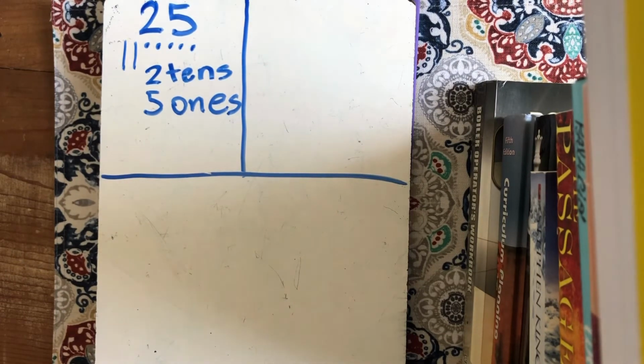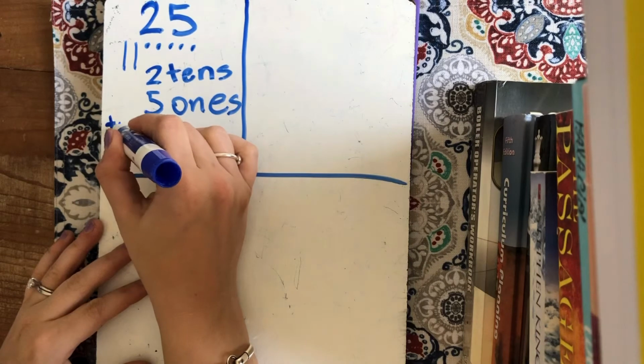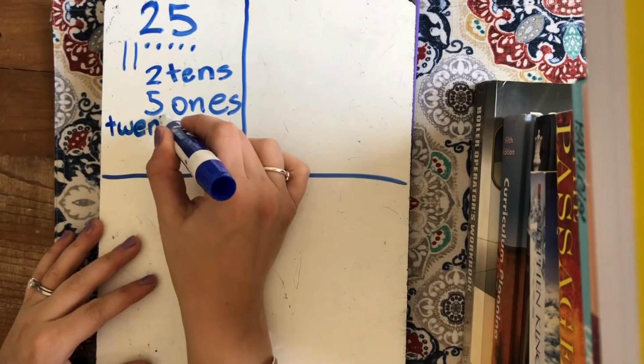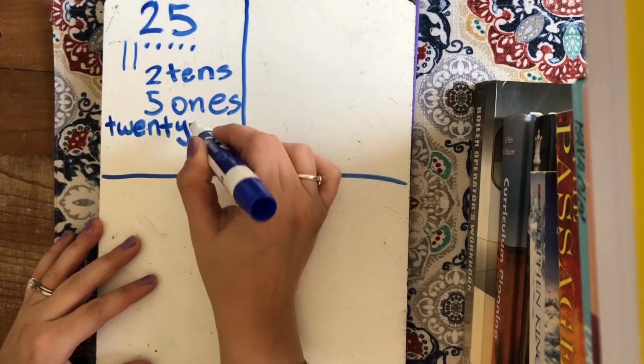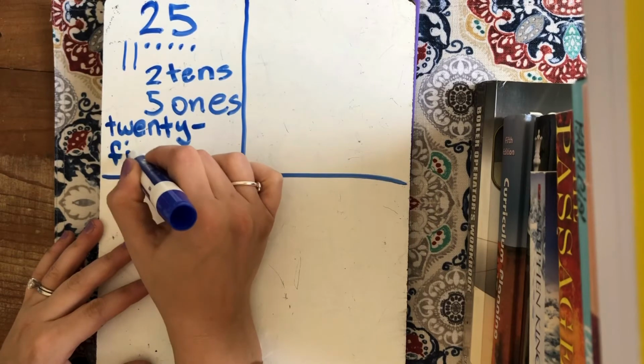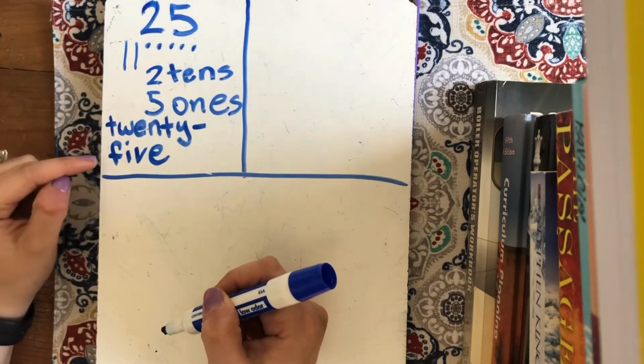Now we are going to be spelling out 25. So let's spell 25 together. T-W-E-N-T-Y dash F-I-V-E. 25.